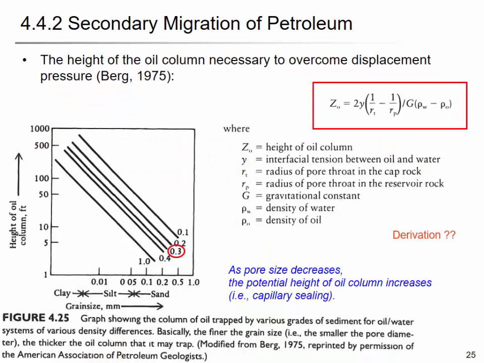Then this equation is basically the same. H, the depth, is the height of the oil column. And γ is the interfacial tension. R is the throat radius of the pore in the cap rock, and g is gravity.